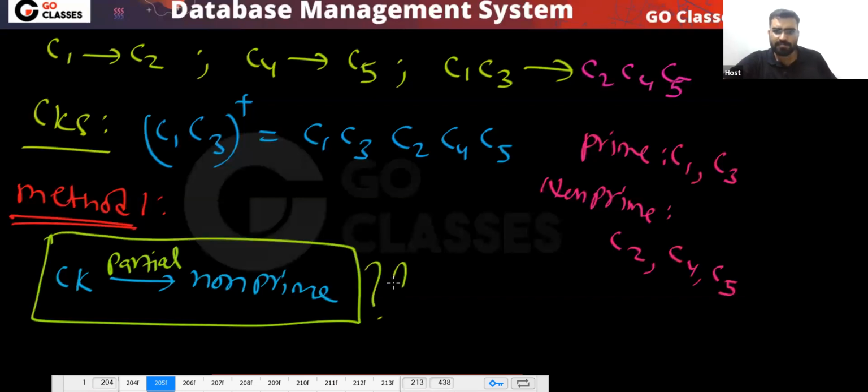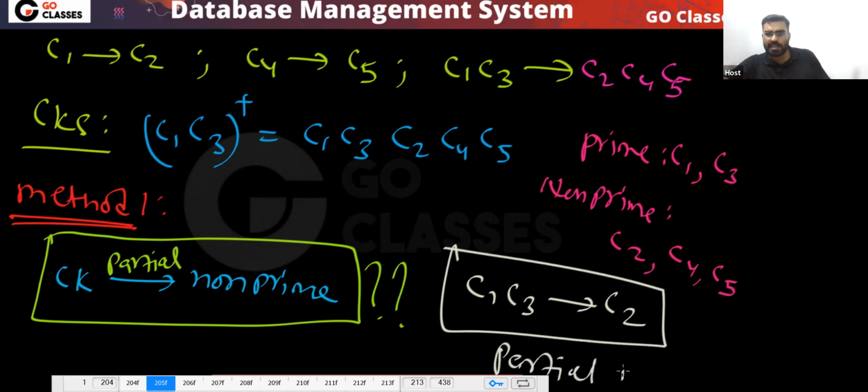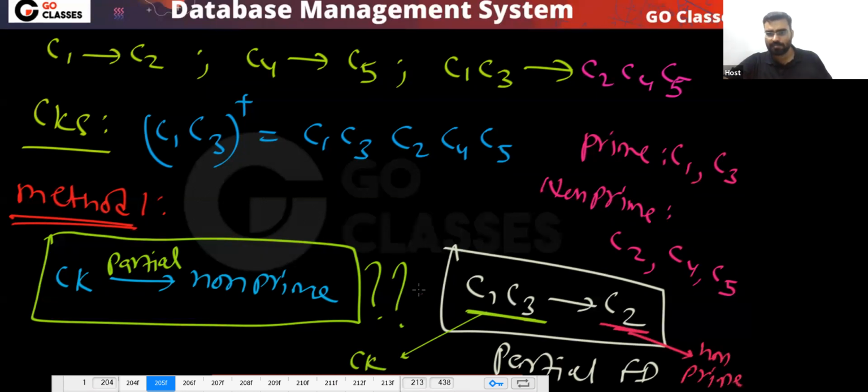Do we have this? Tell me. Yes, there is, because C1, C3 determining C2. This is a partial FD, where this is the candidate key and this is non-prime. Yes or no? And this is a partial FD. So what can I say?